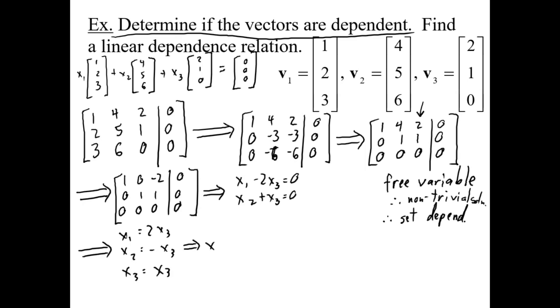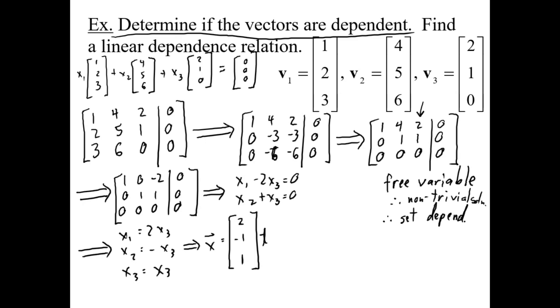So my solution vector here, if I put this in parametric vector form, is 2, -1, 1 times t. Or again, if you want to say times x3, nothing wrong with that. Now, in the context of our problem, those three parts of that vector give us the coefficients we're looking for.